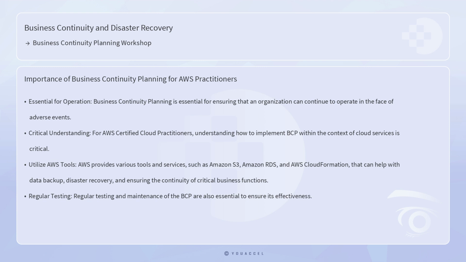AWS provides various tools and services such as Amazon S3, Amazon RDS, and AWS CloudFormation that can help with data backup, disaster recovery, and ensuring the continuity of critical business functions. Regular testing and maintenance of the BCP are also essential to ensure its effectiveness. By implementing a comprehensive BCP, organizations can mitigate risks, minimize the impact of disruptions, and ensure the continuity of critical business functions.